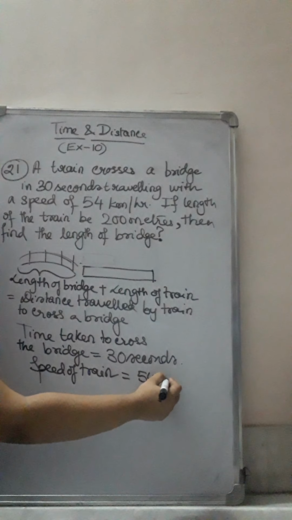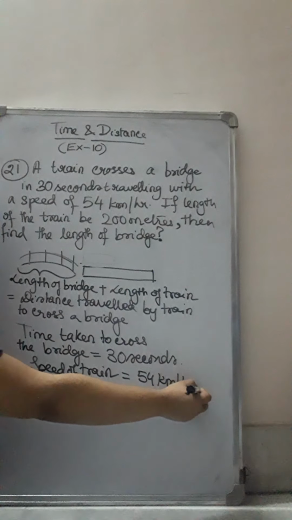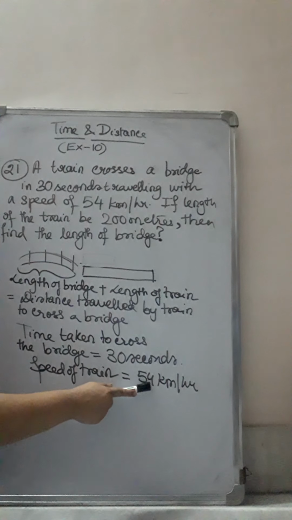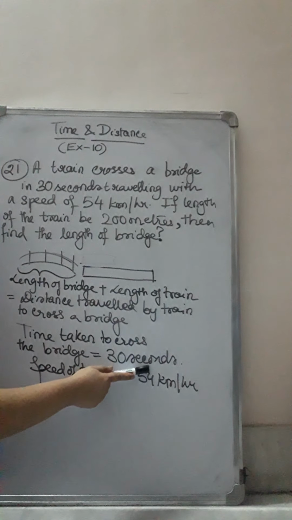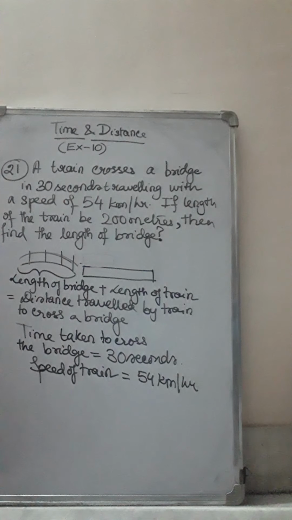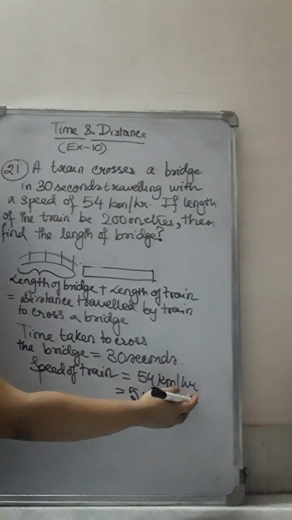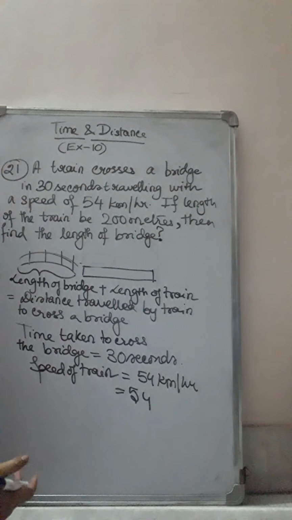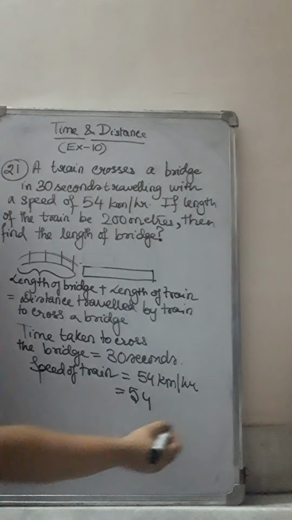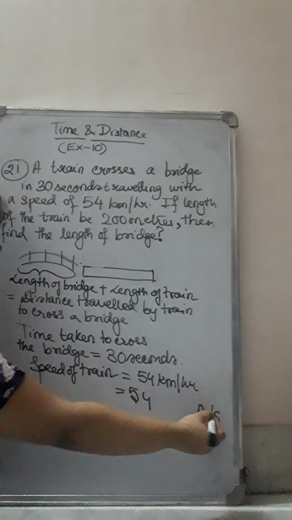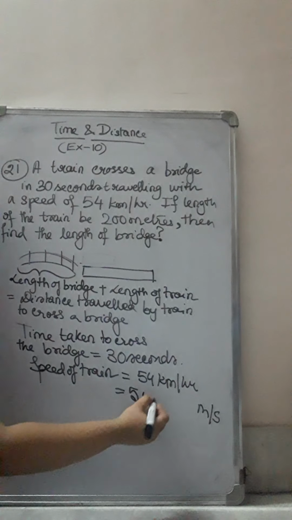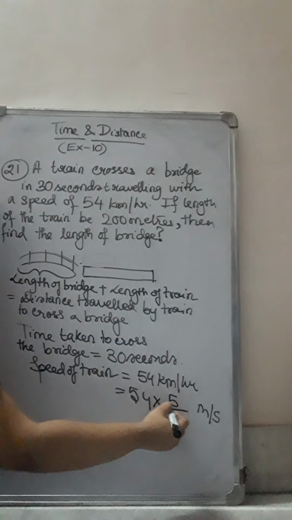54 km per hour. Now, speed is in kilometer per hour, and here time is given in seconds. So it's better you convert the speed of the train to meters per second, because we cannot work with dissimilar units. We are moving to lower units, and in order to do that we multiply with 5 by 18.